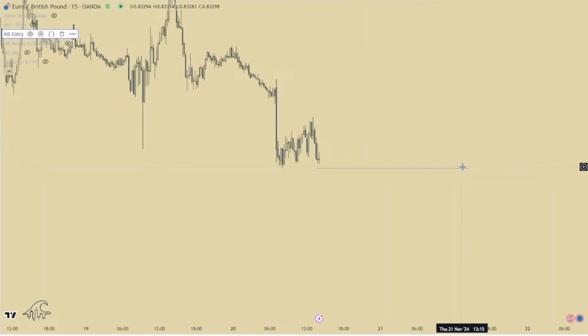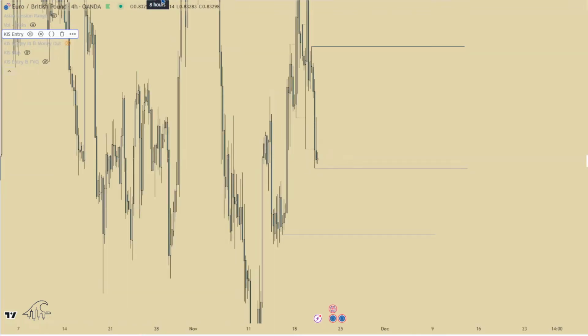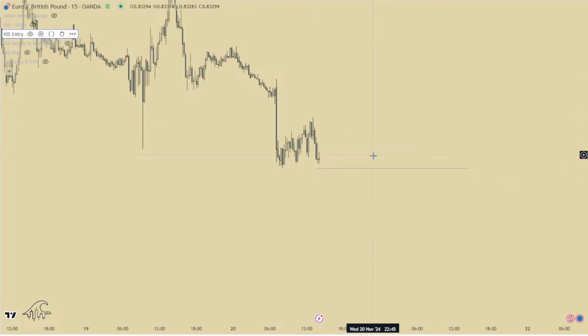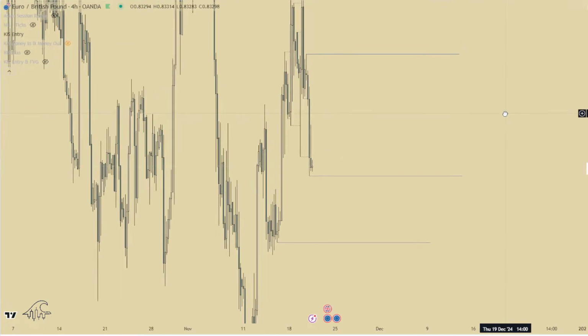It's showing something on the 15-minute time frame. Is it a 4-hour low? It is a 4-hour low. Okay. That's interesting.